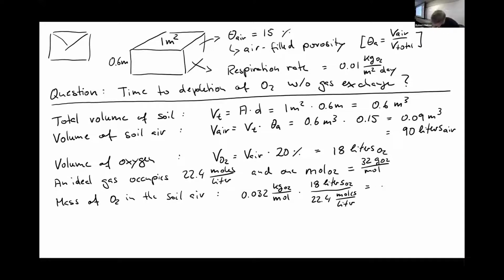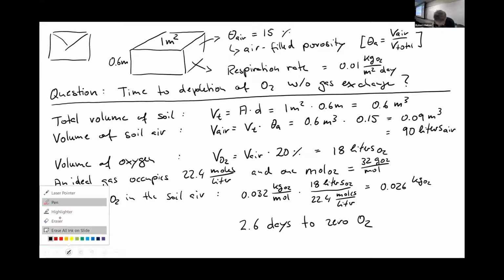And if you type this all in, that is 0.026 kilograms of O2, not per anything, that's just it. So this is how much oxygen we have in the soil air. And our respiration rate is 0.01 kilograms of oxygen consumed per meter squared per day. So in other words, in 2.6 days, we would be out of oxygen if it's not being replenished. So 2.6 days to zero oxygen. That's the final answer.